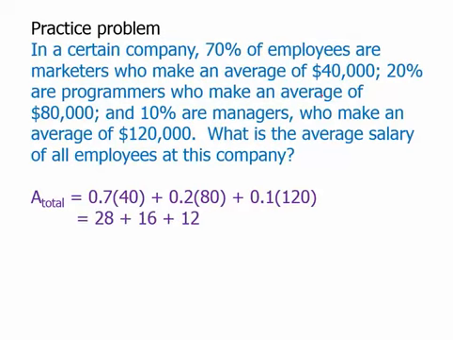So that's 28 plus 16 plus 12. Of course, 12 plus 28 is 40, plus 16 is 56. And again, this is divided by 1,000. We have to tack on the extra zeros to get the actual number. That actual number is 56,000, and that is the average salary of all employees at the company.